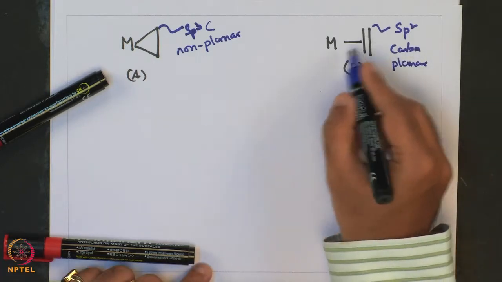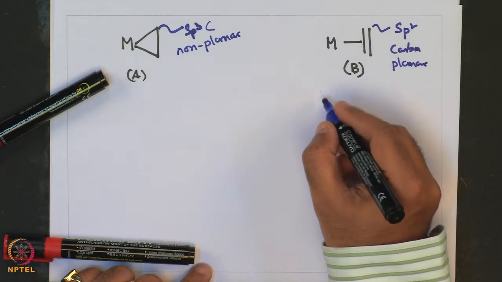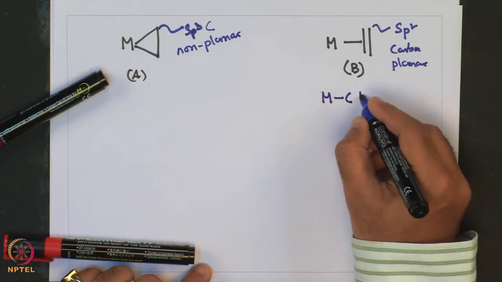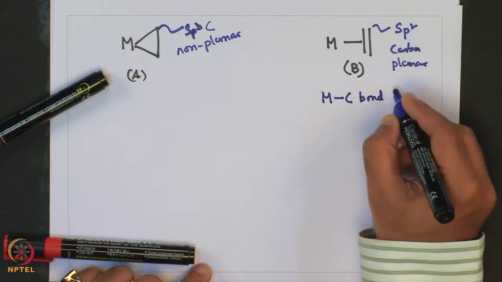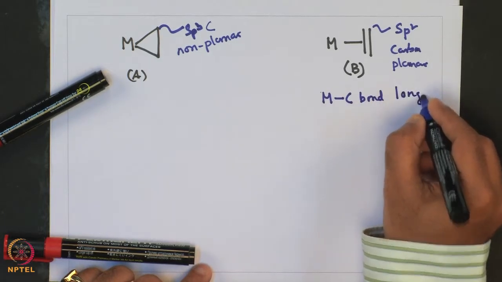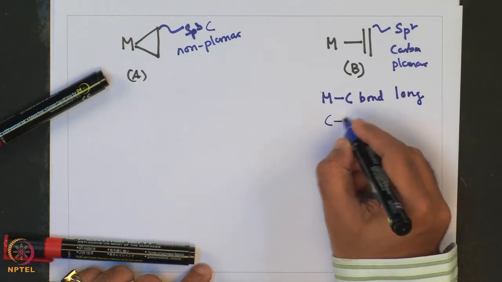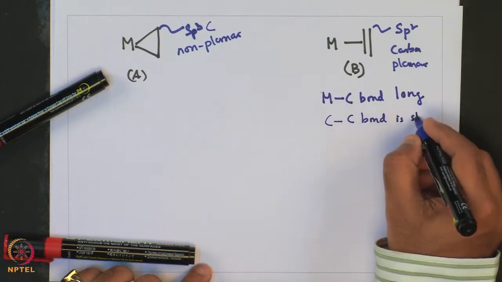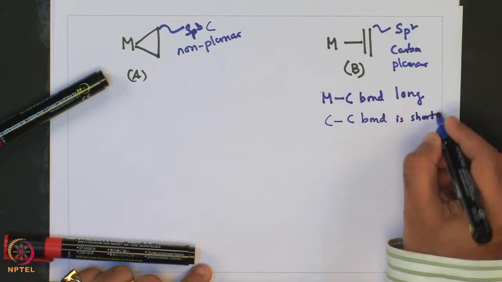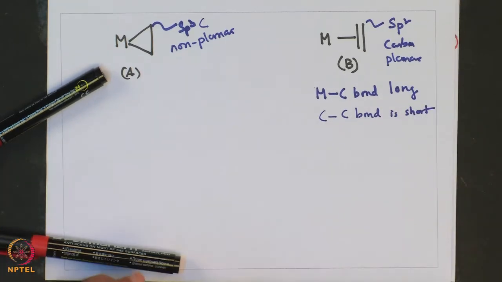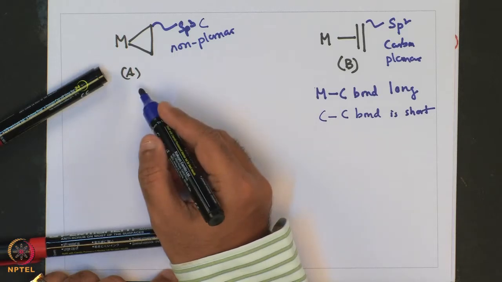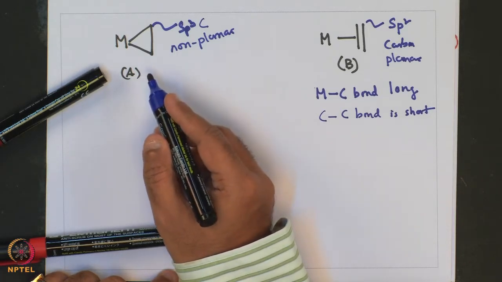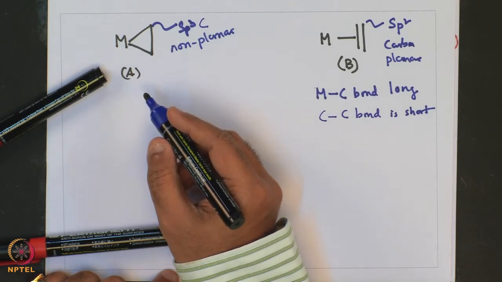In B, since this interaction is short, the MC bond length is long and the CC bond is short. On the other hand, the reverse is true for structure A, which contains this metal cyclopropane ring.